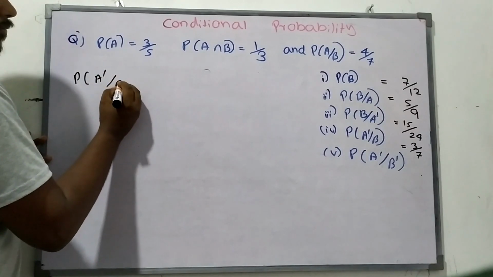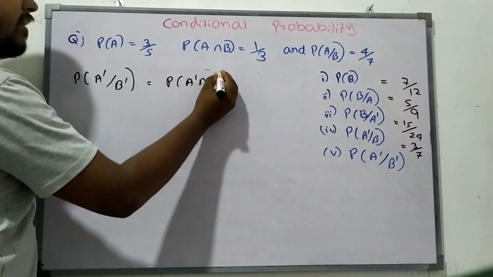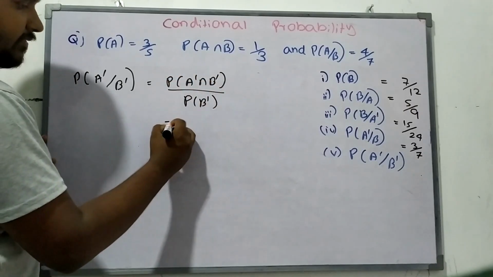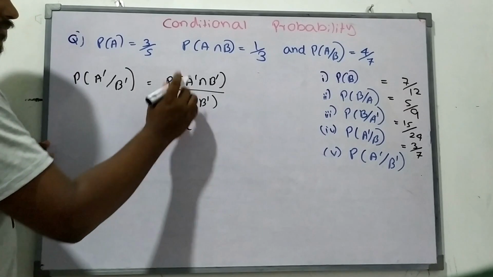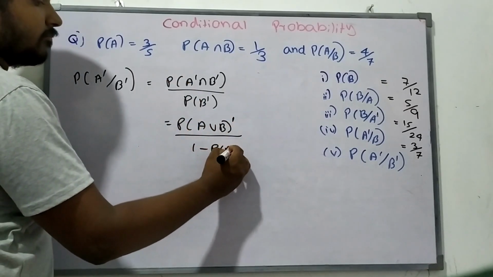P(A dash over B dash). Right, so this is P(A dash intersection B dash) over P(B dash). So what is this? This is (A union B) whole thing dash over 1 minus P(B).